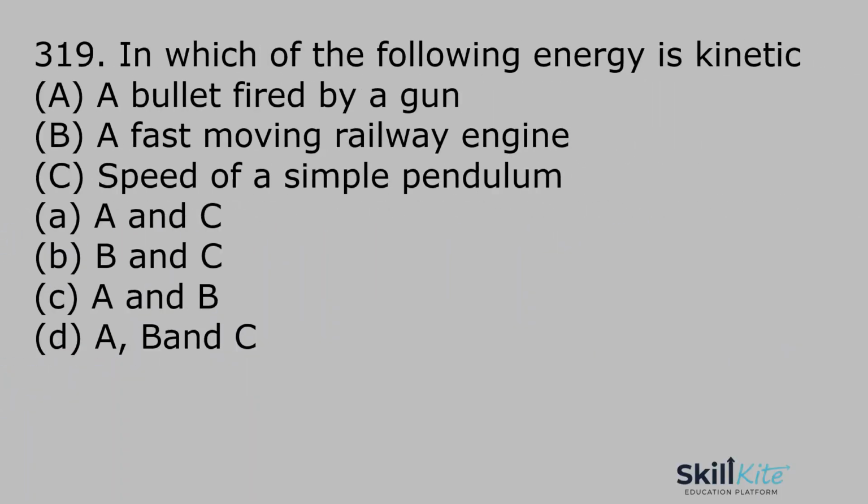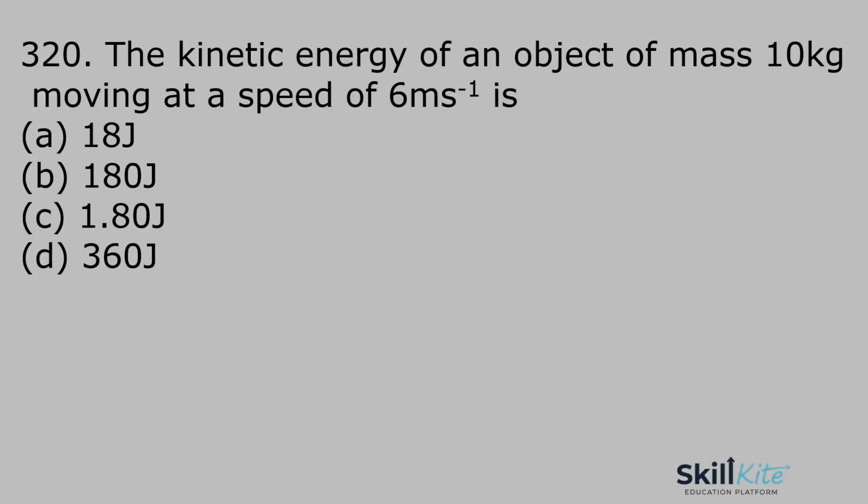ఇన్ విచ్ ఆఫ్ ద ఫాలోయింగ్ energy is kinetic energy? A bullet fired by a gun, a fast moving railway engine, speed of a simple pendulum. So his answer is all the above. Okay, A, B and C. Okay, the kinetic energy of an object of mass 10 kg moving at a speed of 6 meter per second.